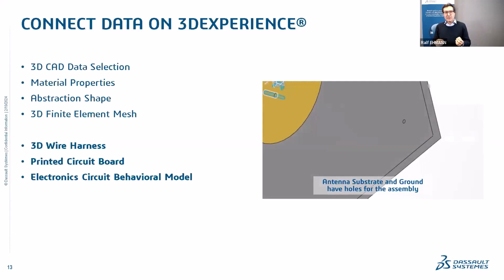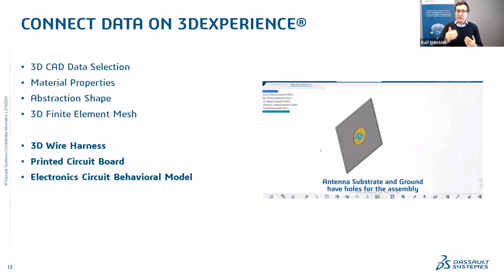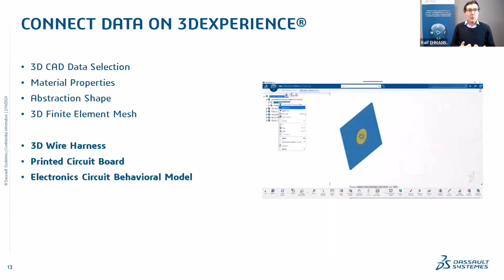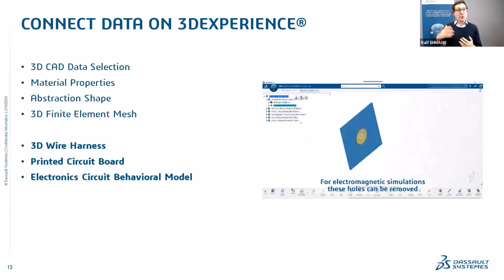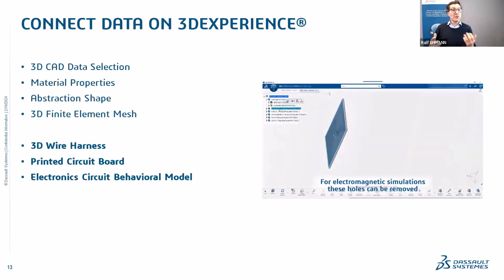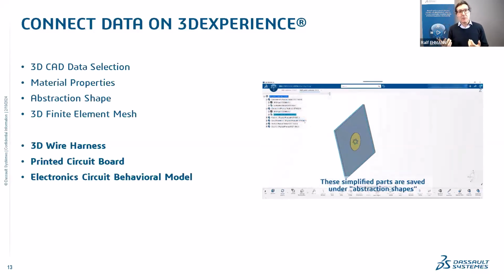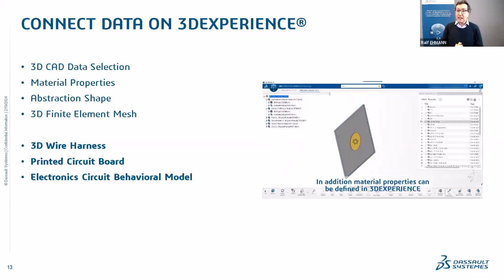Just as a brief description, we can select the data with a search. We have the possibility to store on the platform material properties, which include electromagnetic as well as thermal properties or mechanical structure properties. I briefly introduce you to the abstraction shape. I think Abdelak will show you a bit more on that.